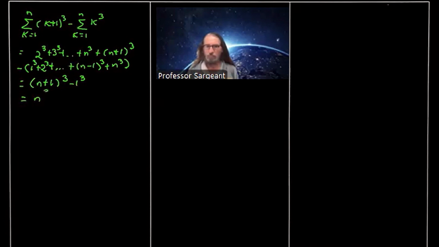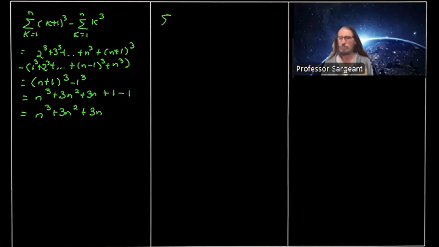Multiplying out the quantity n plus 1 cubed, and subtracting from that a 1. Now counting the same thing another way, as in the previous case, instead of having a difference of sums, we're going to have a sum of differences.